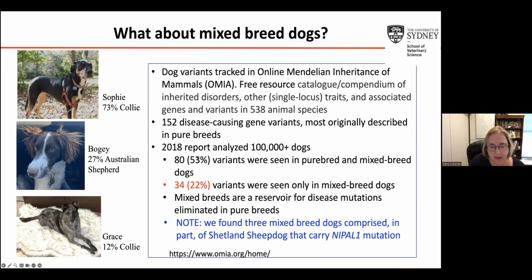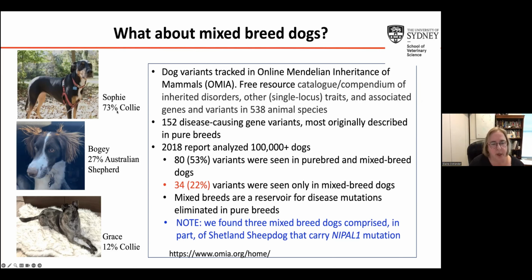So of these, 53% were seen in purebred dogs and mixed breed dogs, but there were 34 of the 152, or 22%, that were only seen in mixed breed dogs. And that was surprising because it's telling us that mixed breed dogs are a reservoir for disease mutations that have essentially been eliminated or somehow acquired additional mutations in purebred dogs.